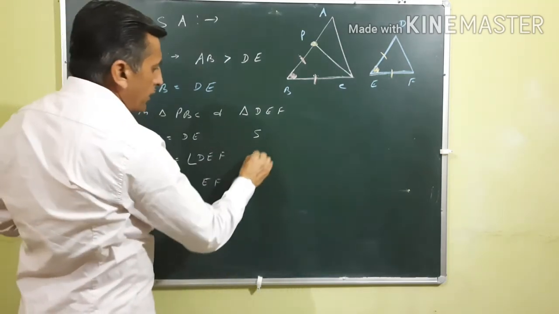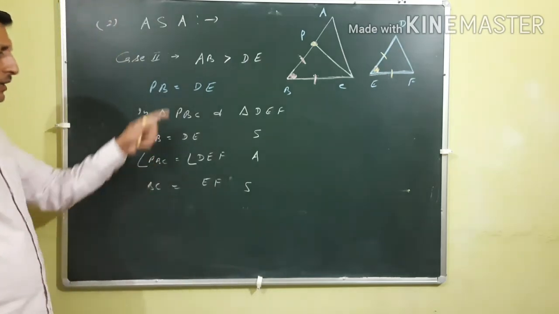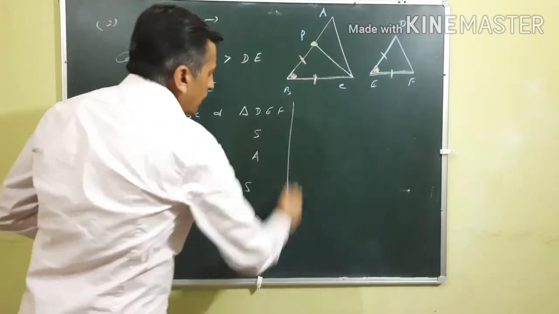So this is side, angle, side. By this rule you can say these two triangles are congruent.